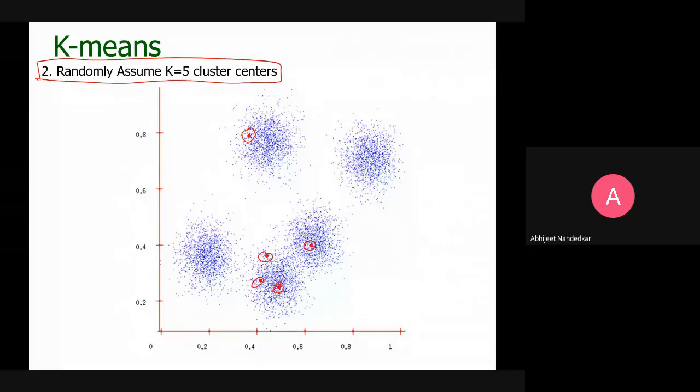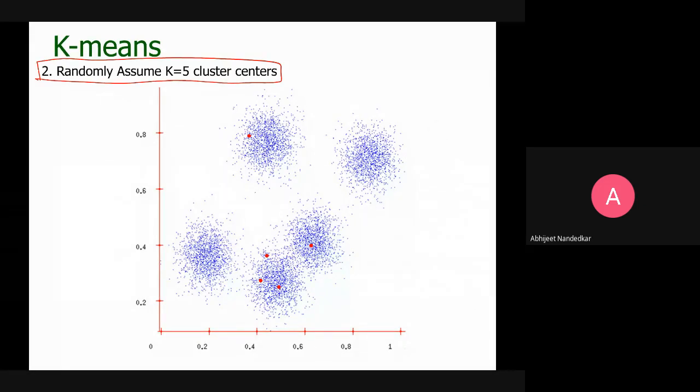Currently we can see this data, but suppose you have 10 or 15 dimensional data, then you cannot visualize it. So there we just randomly assume our data points. Here also I am doing it randomly, and the randomly assumed cluster centroids are superimposed on the original data.